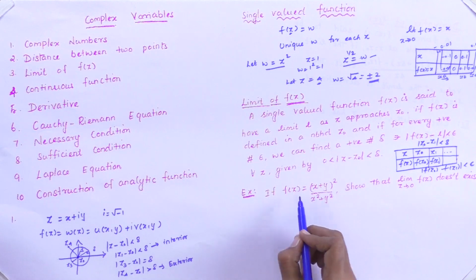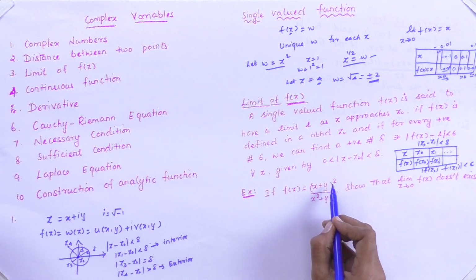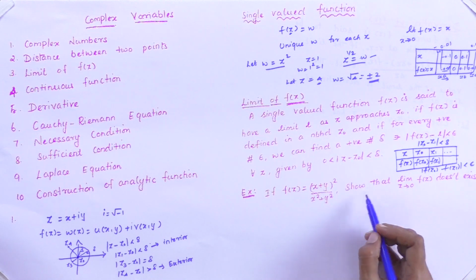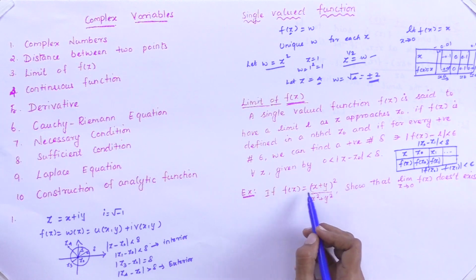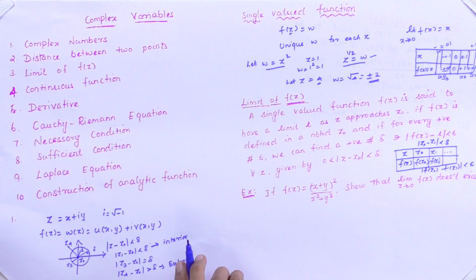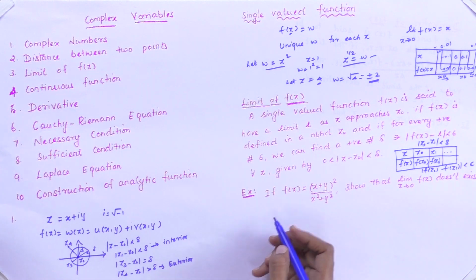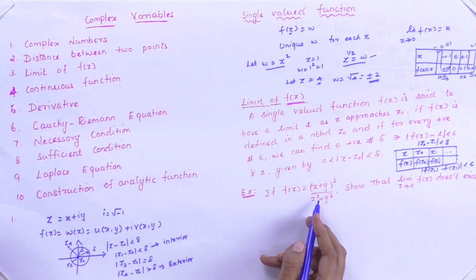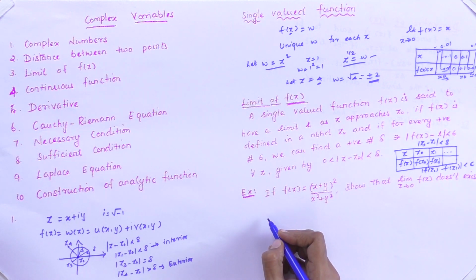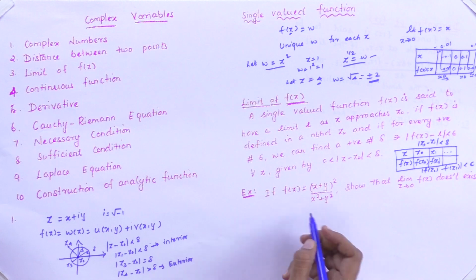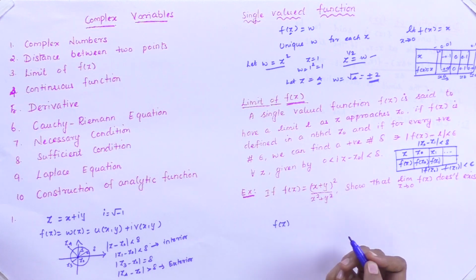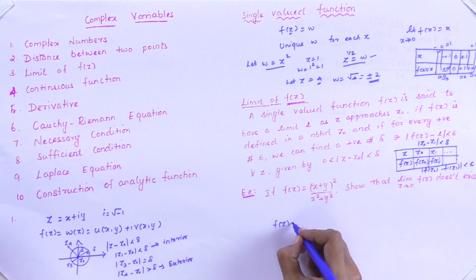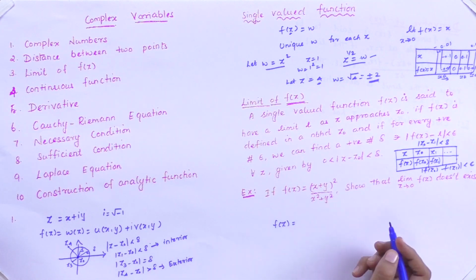If f of z is equal to x plus y the whole square divided by x square plus y square, we have to show that the limit does not exist for this function as z approaches 0. If the limit exists for this function f of z as z tends to 0, then for all paths the f of z has the same value.